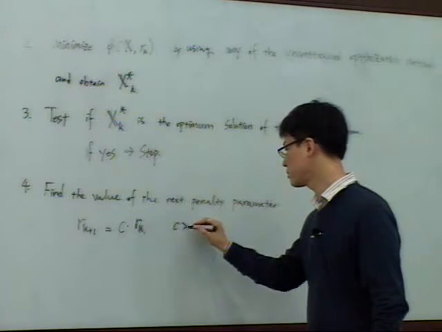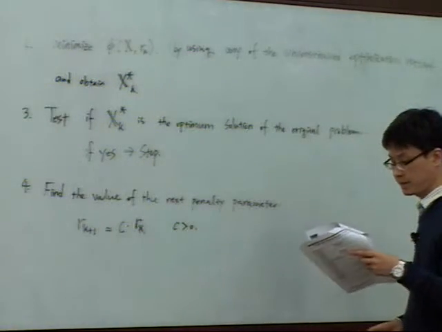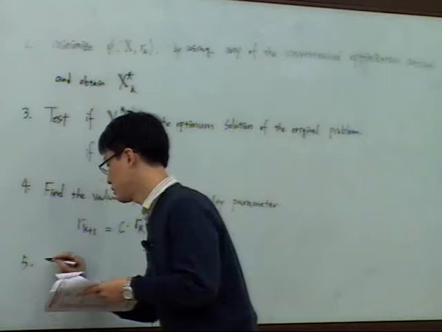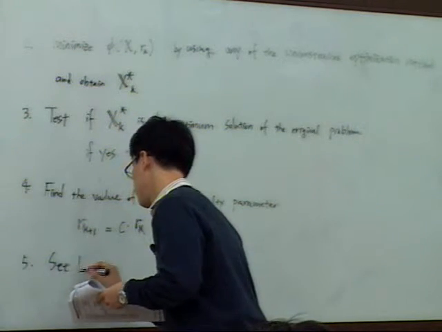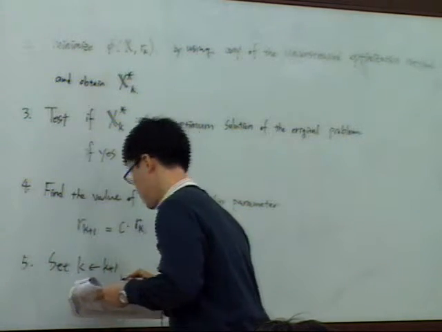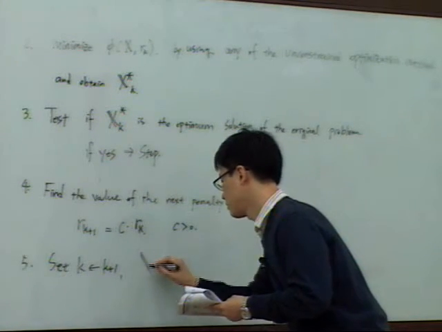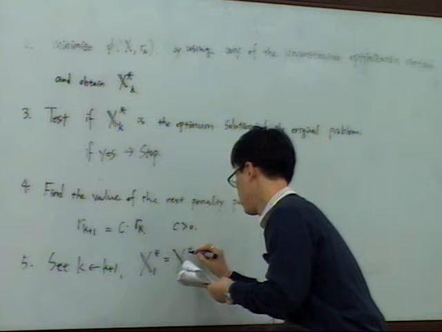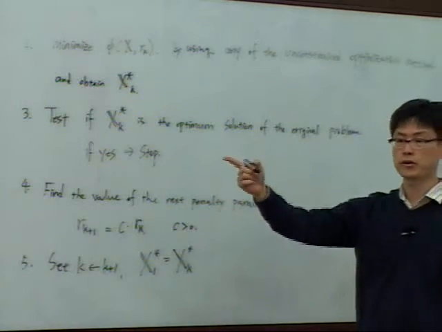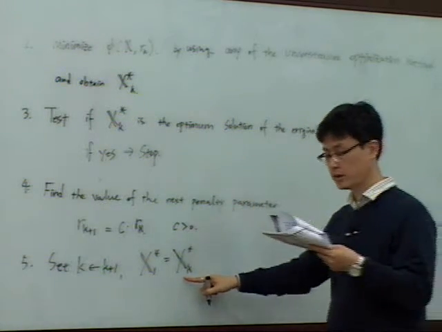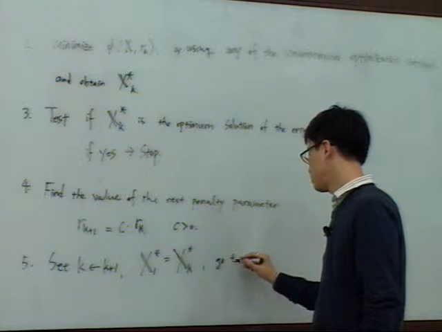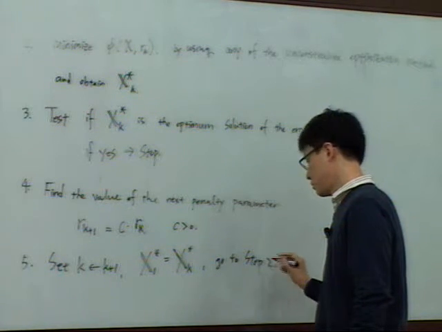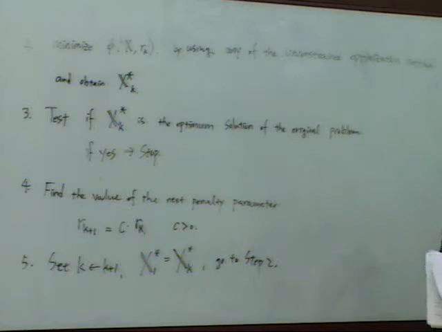And as you know, C is always a positive number. And finally, increase your counter by 1 and update your initial point with the current optimal point and go to step 2.